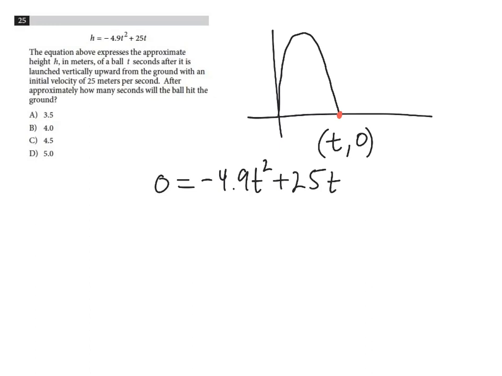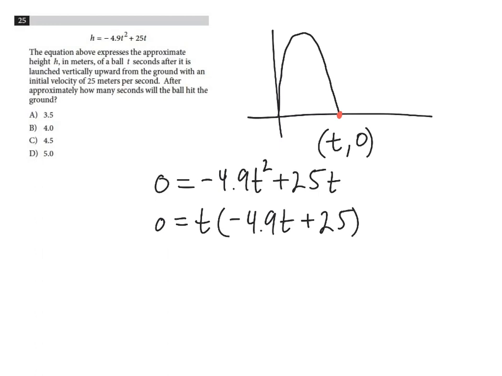Well, a couple ways to go about this. Probably the easiest way is to factor. I'm going to factor out a t. So if I factor out a t, I get negative 4.9 t plus 25 times t equals 0.